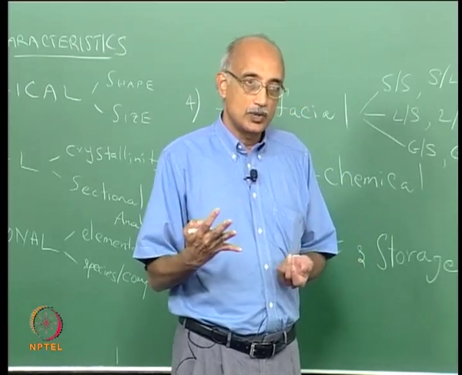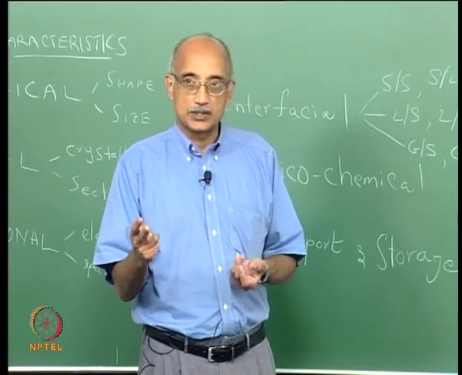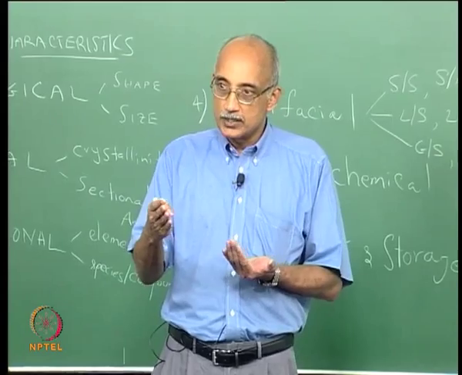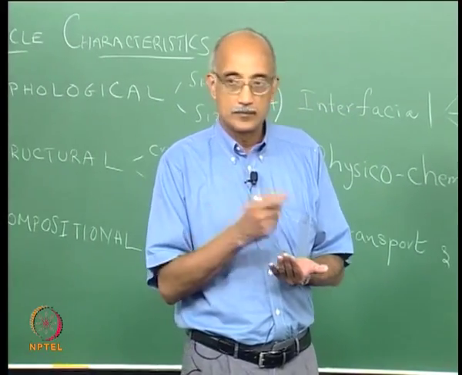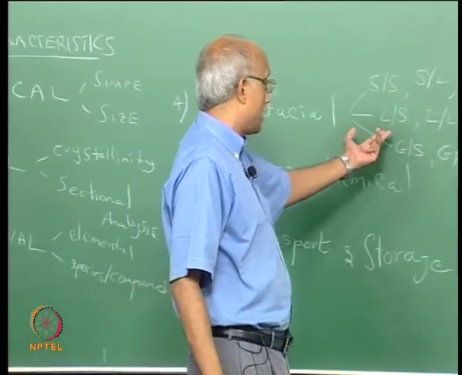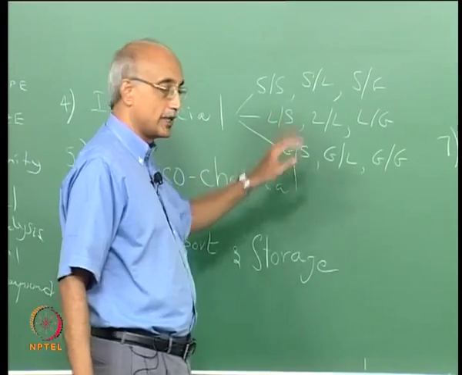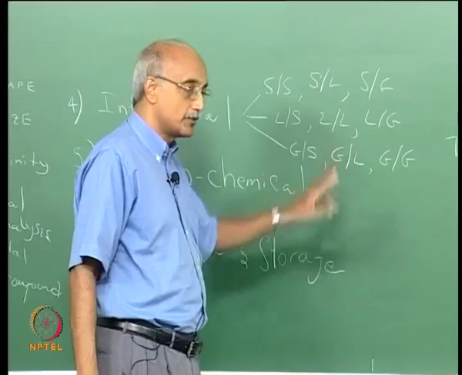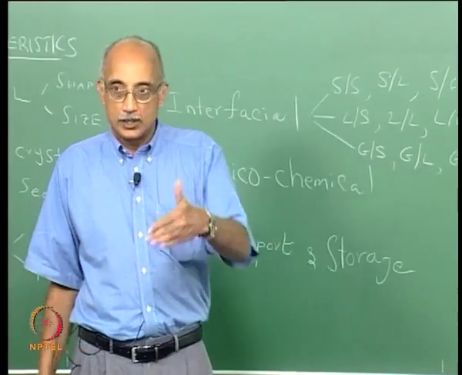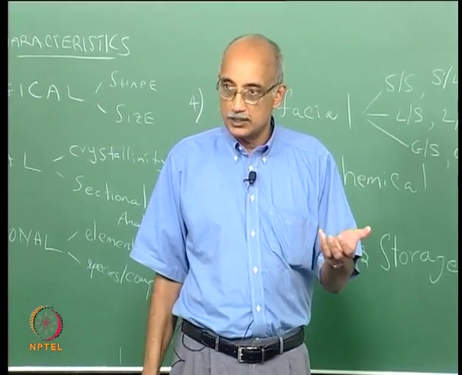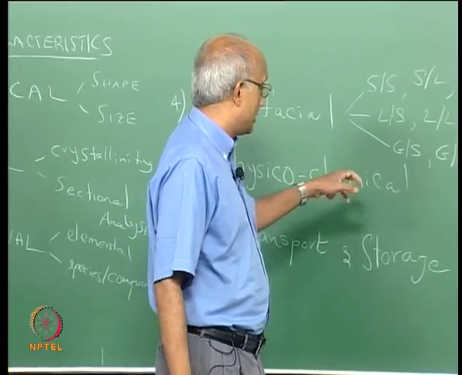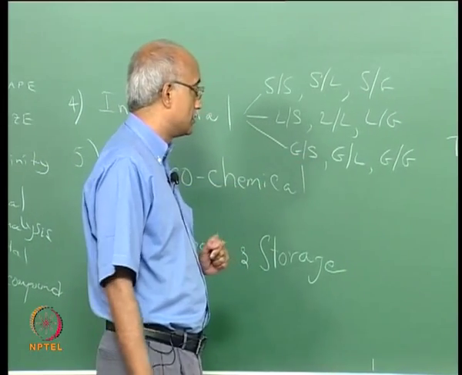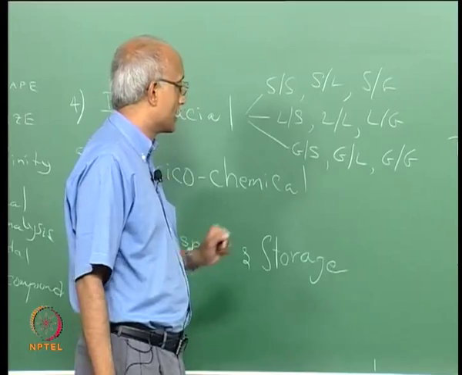So essentially now you have to concern yourself with two different interfaces, the solid to gas interface and the solid to solid interface. Similarly, if you have a liquid that is suspended in a solid or a gas, there may also exist an interface between adjacent liquid droplets that are suspended in the medium. And same thing with gas solid, gas liquid, and so on.